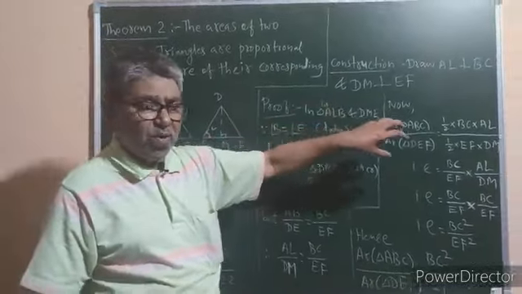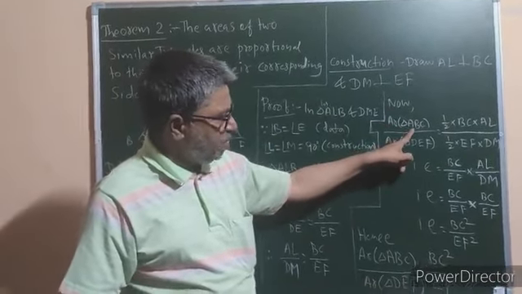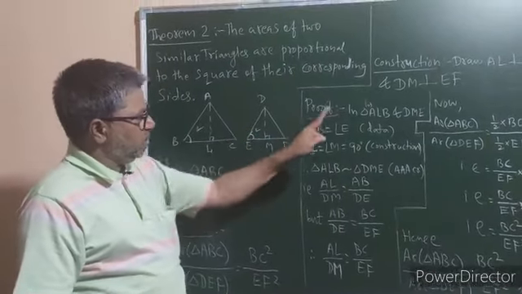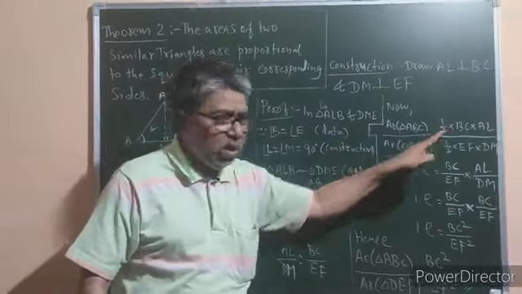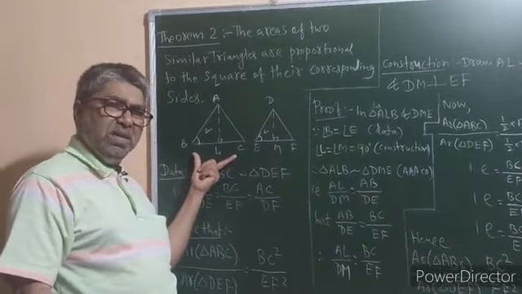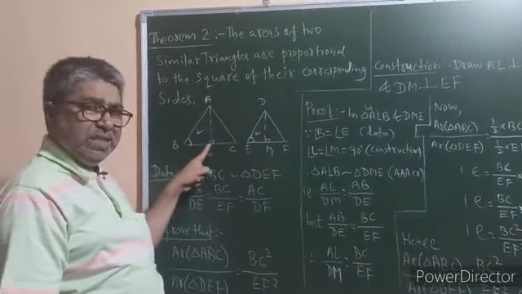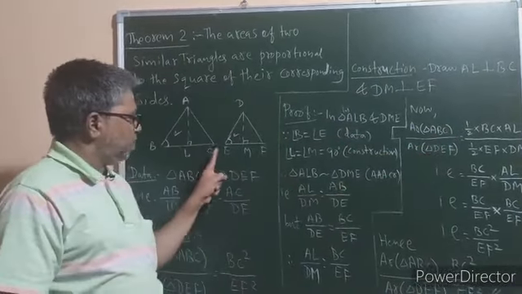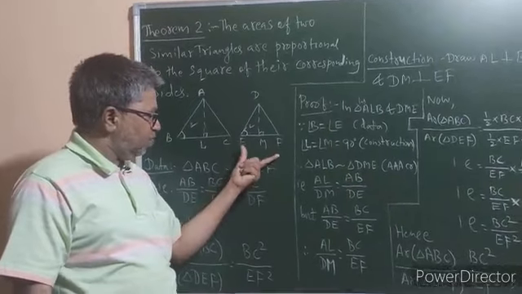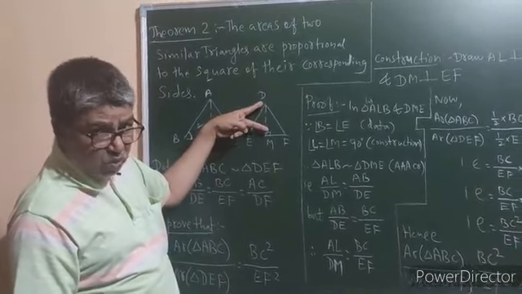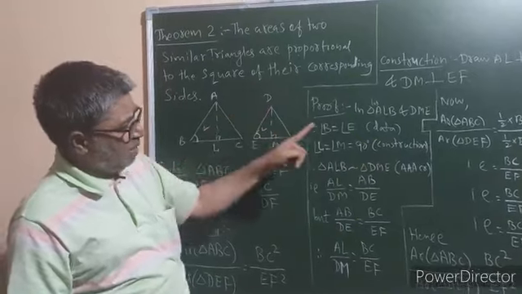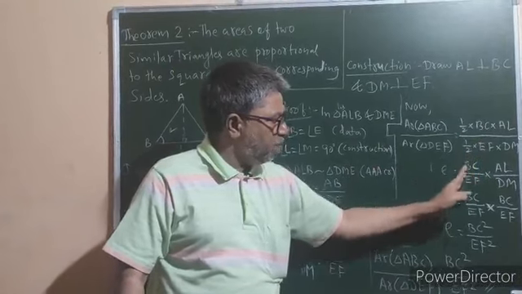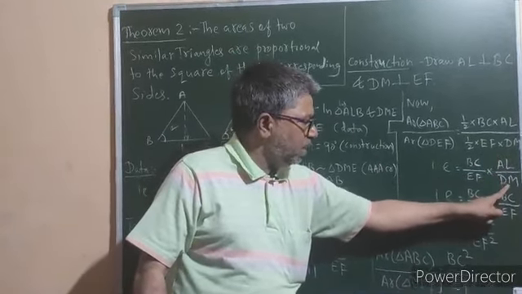Now area of triangle ABC upon area of triangle DEF is equal to 1 upon 2 into the base of ABC, BC, into the height or altitude AL, upon 1 upon 2 into EF, that is the base, into DM, that is the altitude or height. Now the half gets cancelled. Let us separate them: BC upon EF into AL upon DM.